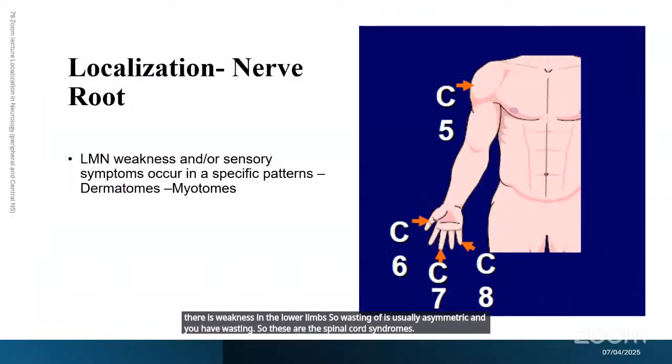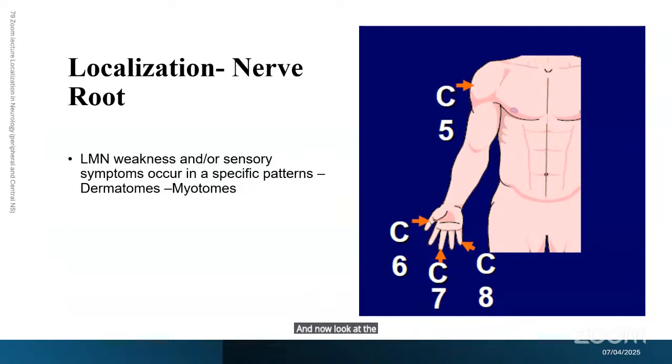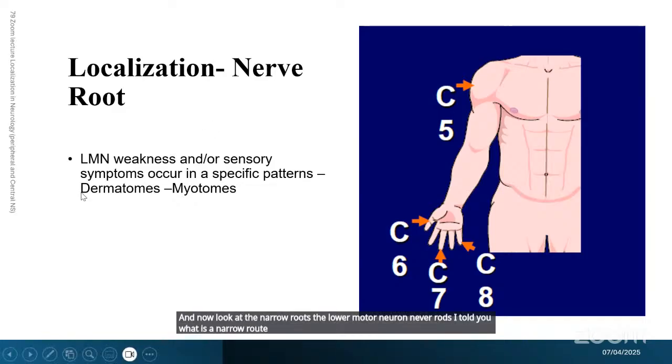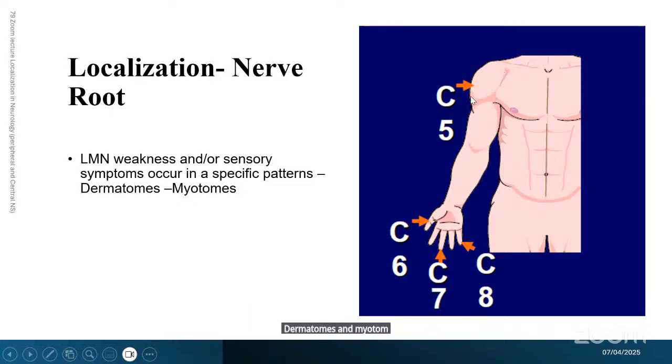Now look at the nerve roots, the lower motor neuron nerve roots. I told you what a nerve root is. Localization, lower motor neuron weakness, and sensory symptoms occur in a specific pattern called dermatomes and myotomes. We learn the dermatomes and myotomes of the upper limb, that is C5, C6, C7, and C8.